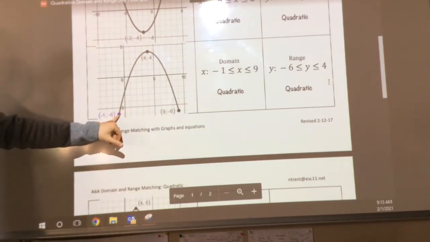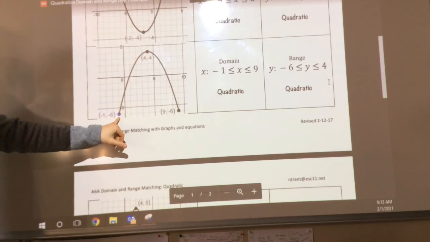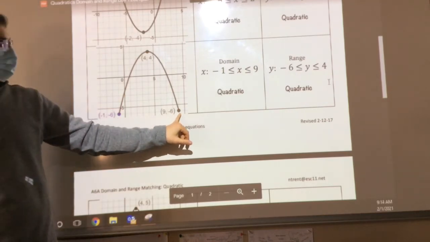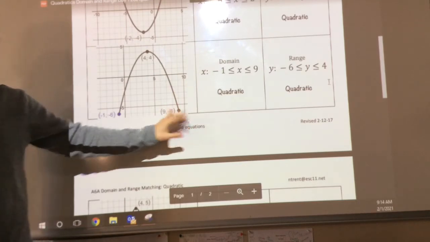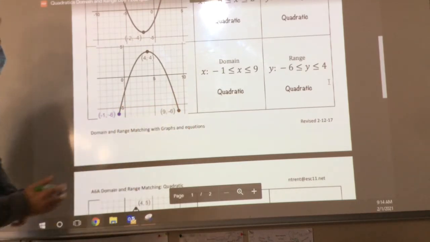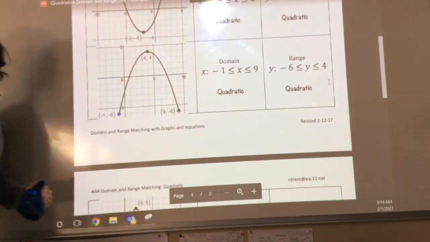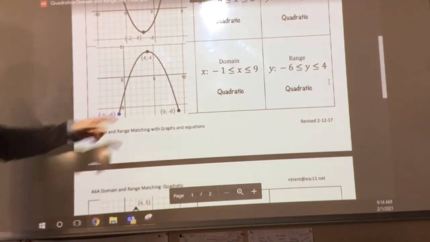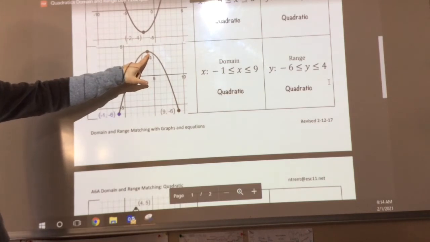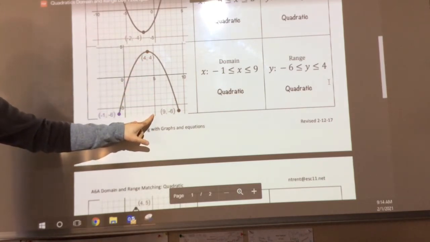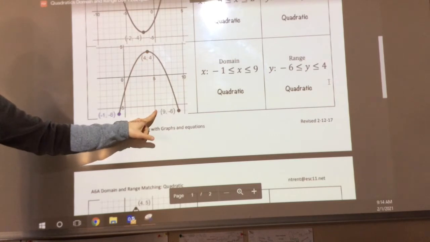My smallest x value is -1, and my largest x value is +9. So that means that anything in between has an x value. There's an x value all the way through because the line goes through all of those points. And then for my y value, my highest point is 4, and my lowest point is -6. We're all okay with that.